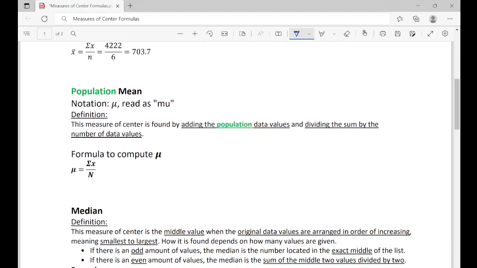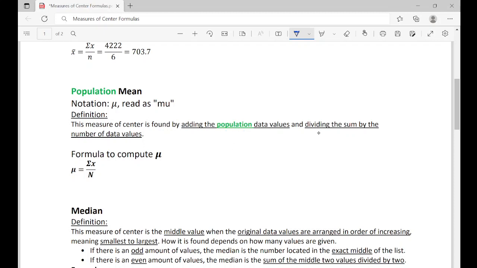Now the other kind of mean is called a population mean, and its notation is mu. It's the Greek letter, so we use Greek letters typically for populations. Now, the definition here is the measure of center found by adding the population data values, as opposed to the previous one, which was the sample data values.